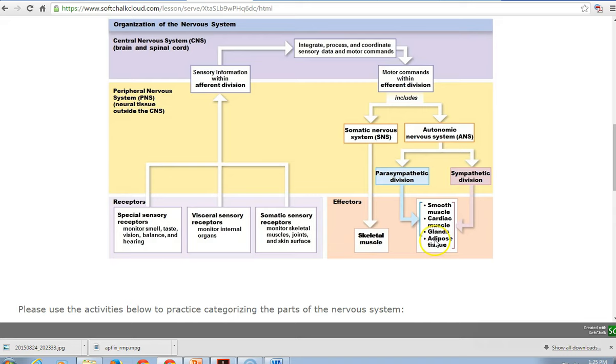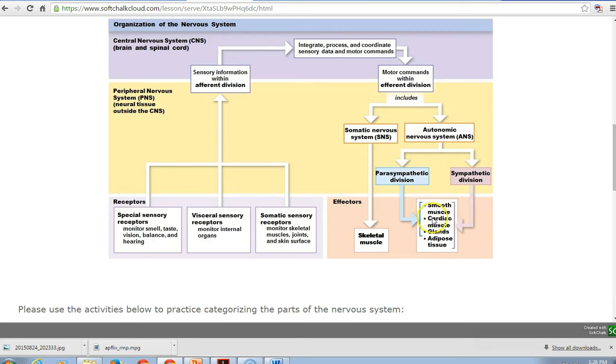Okay. But if your effectors are smooth muscle, that's the muscle that you can't control, and it lines a lot of the tubing in your body, so you'll find it around your blood vessels. It's around the outside of your intestines, and whenever it contracts, it helps move things along the intestines. It's around your air passageways, and so it can make those smaller or larger as it contracts. So smooth muscle, you can't voluntarily control in most usual circumstances.